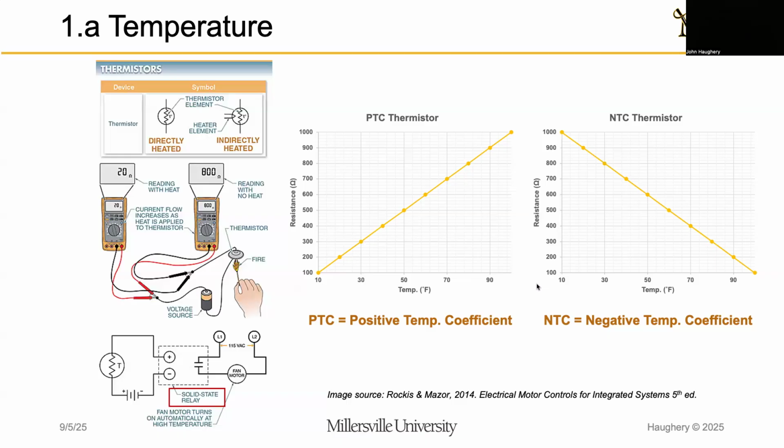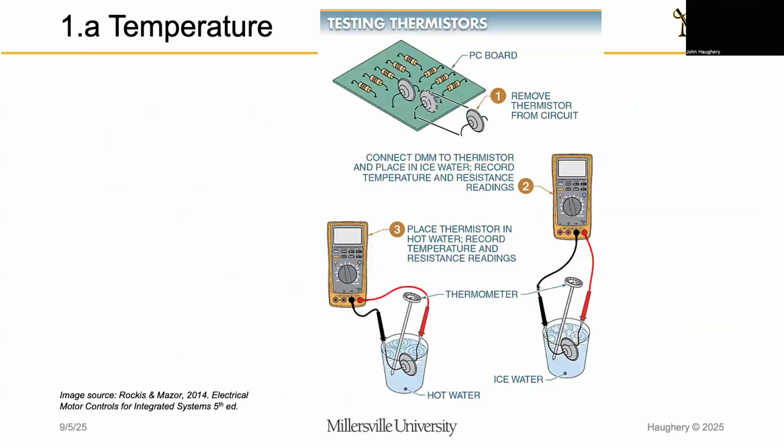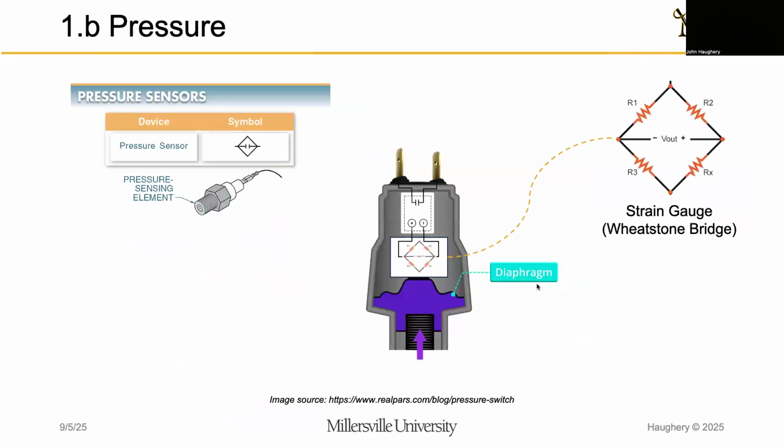So temperature transmitters or sensors are a very common solid state switch that we use. Another common one is pressure. And pressure works in a similar way. The one difference is there's actually something mechanically pressing up on a diaphragm. And seated next to that diaphragm is a strain gauge.